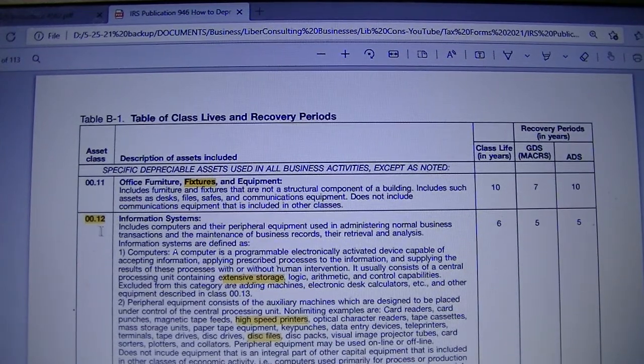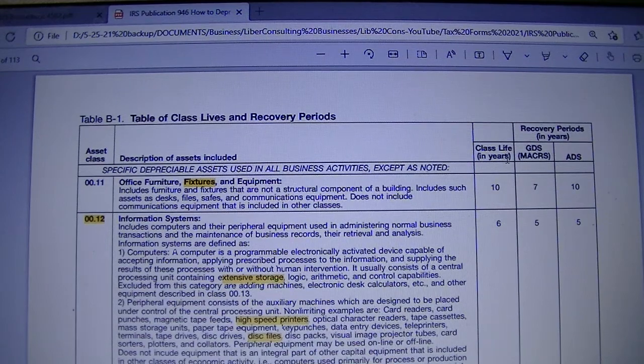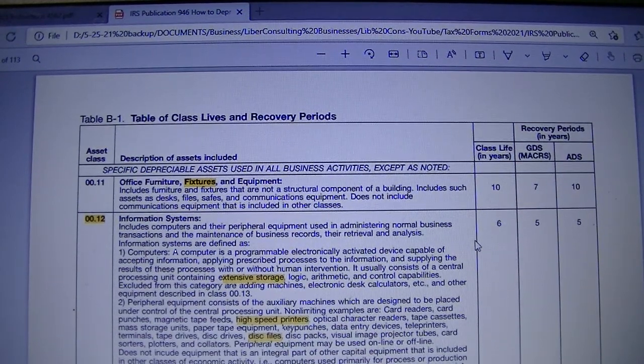And table B1 asset class 00.12 has printer. Therefore, we are going to use the class life of table B1 where the asset is listed, and the class life is 6 years.